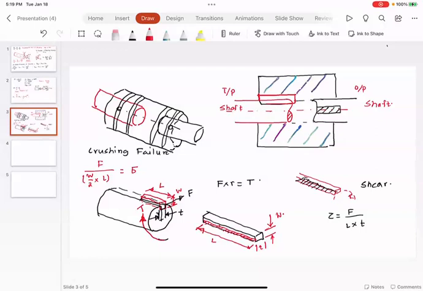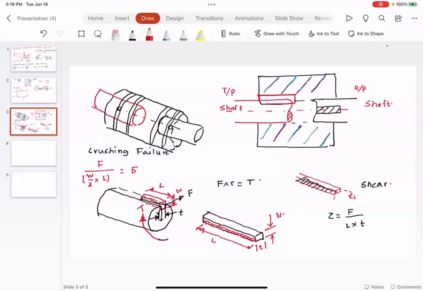It's a big shaft. To compensate for key weakening, we would make that shaft bigger, say 1.2 times. So I'm going to say, to account for key weakening, instead of using a 100 millimeter shaft, I would use 110 or 120 millimeter shaft diameter. Why?